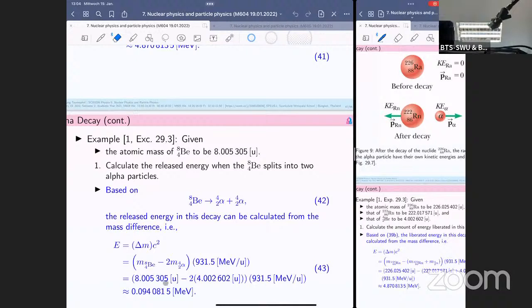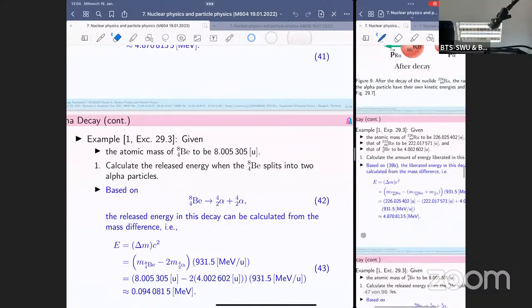After that, you put it into the calculator and you get this value, 0.0940815 mega electron volt. So what is the difference? You can see that the mass here from the parent nucleus is greater than the mass of the outcome, in terms of two particles, two nuclei.